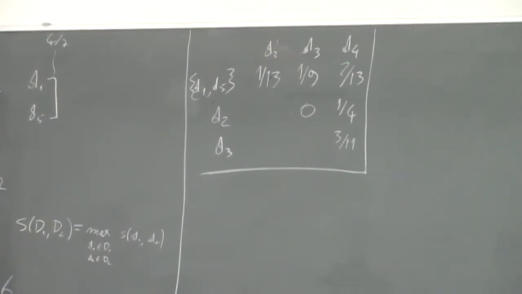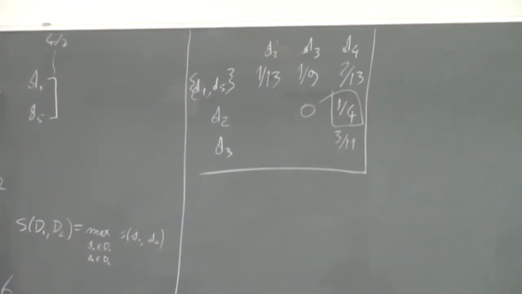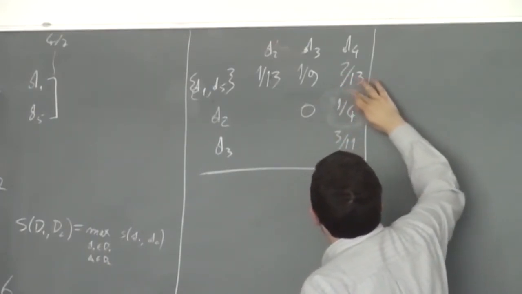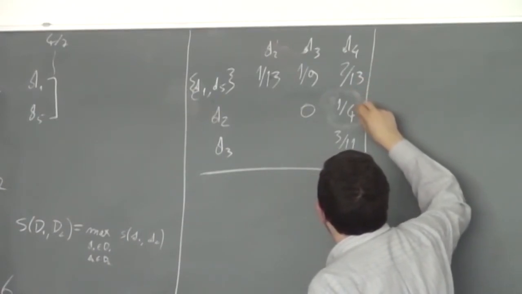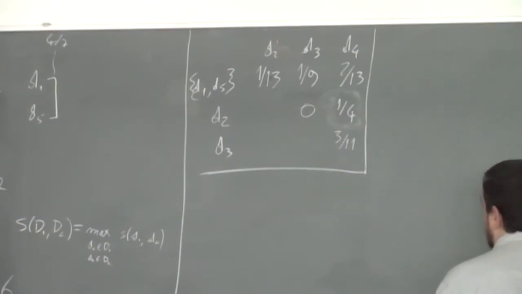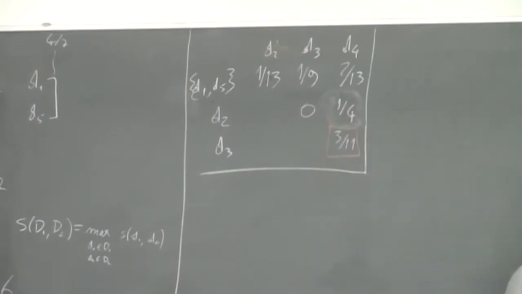Then we repeat. What is the next largest number here? 1/4. Let's see. No, it's 3 over 11. Okay, the largest number here is 3 over 11, which is larger than 3 over 12, of course.